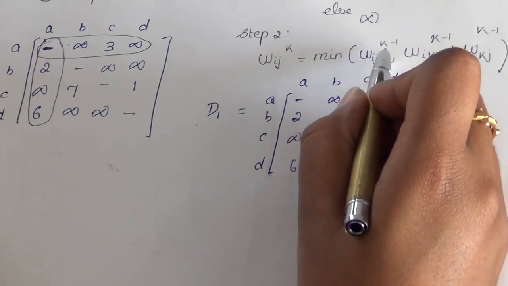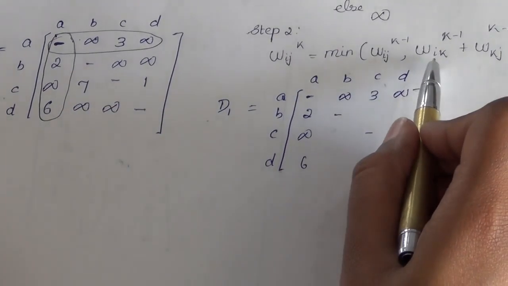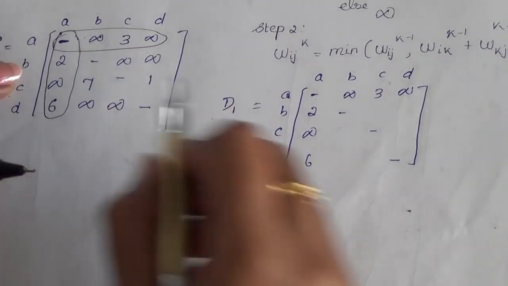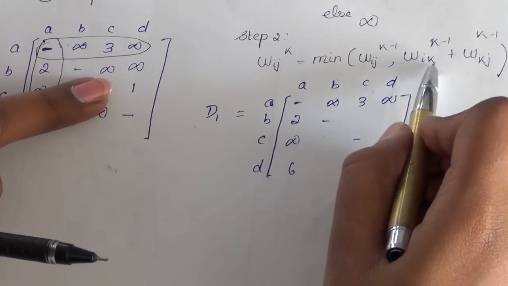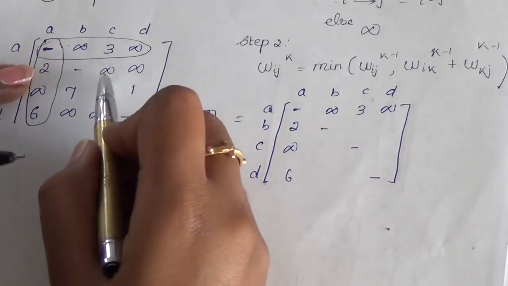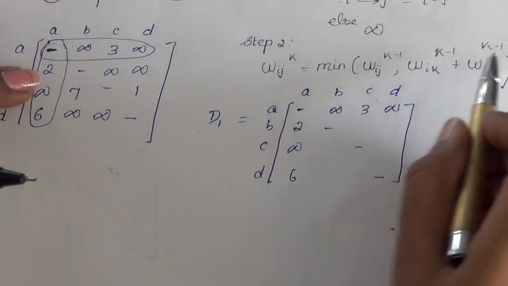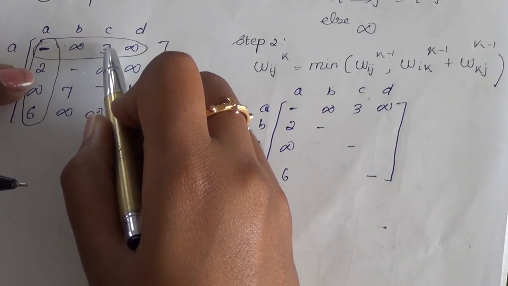The rest of the values will be filled with this formula. Wij(k−1) represents the value which is already present, and Wik represents the value in the same row. So suppose B to C is already infinity, that will be Wij(k−1). Wik(k−1) represents the value 2 from the same respective row, and Wkj(k−1) represents the value 3 which is in the same column.